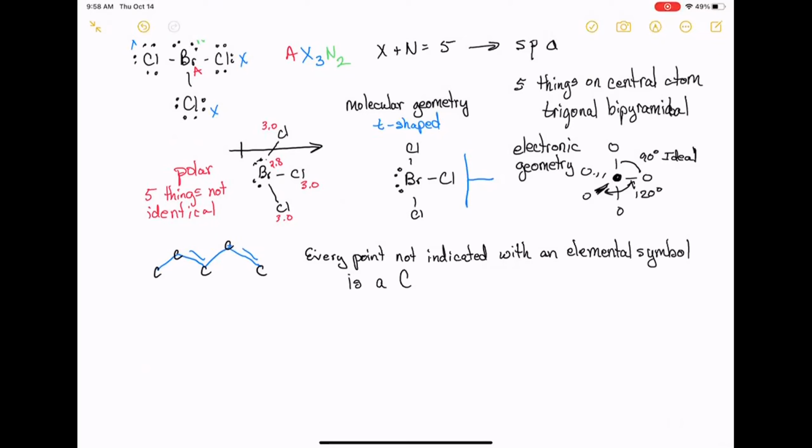So just to keep it straight, if I'd had this structure, again, the points represent carbons, but because I needed you to know that that was oxygen, I had to write the symbol. The second thing about this is you've got to remember everybody has an octet.